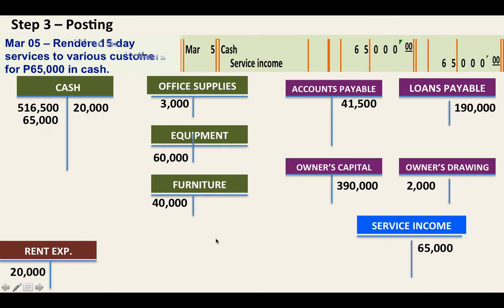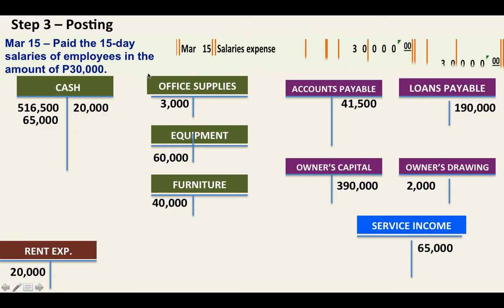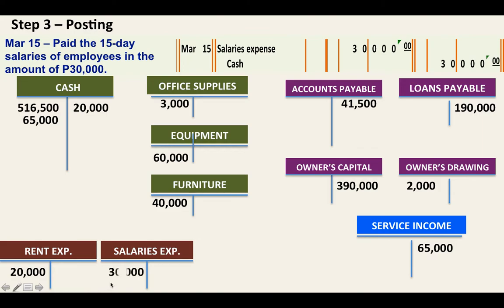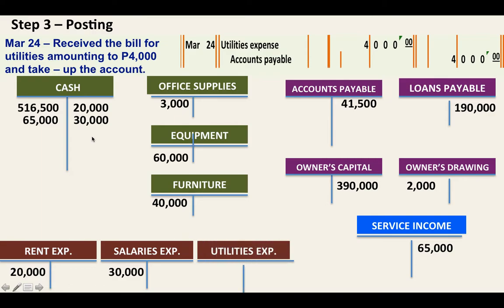The next is March 15, and this is the entry. So we have to debit salaries and enter that in our T account, and cash of 30,000 as credit. And next, March 24, we have utilities of 4,000 debit, and then accounts payable 4,000.